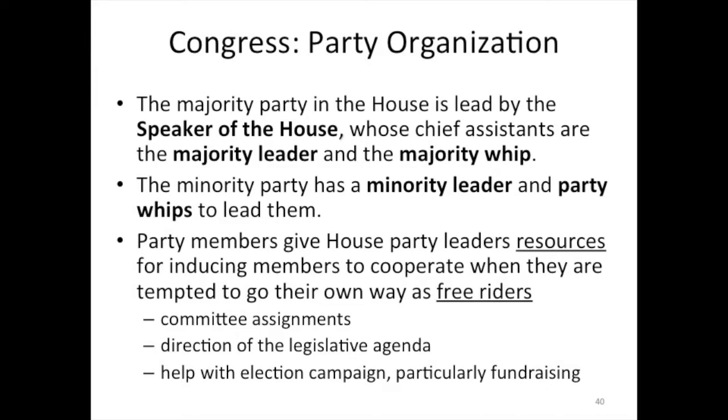So for this reason, party members give House party leaders resources to be used for inducing members to cooperate when they're tempted to go their own way as free riders. So House party leaders want to make sure that there are no free riders in their party, and they use these resources to induce members to cooperate.